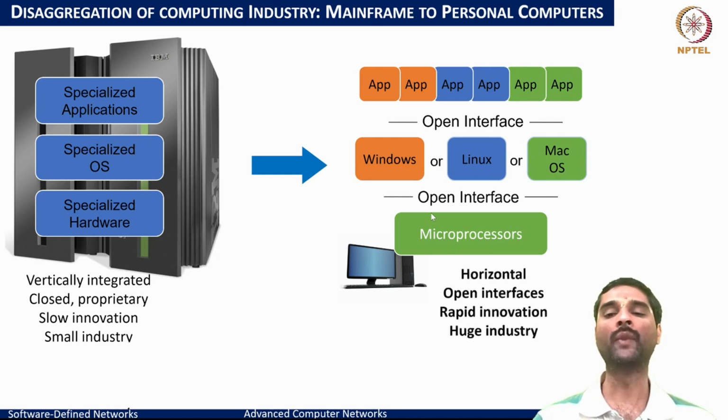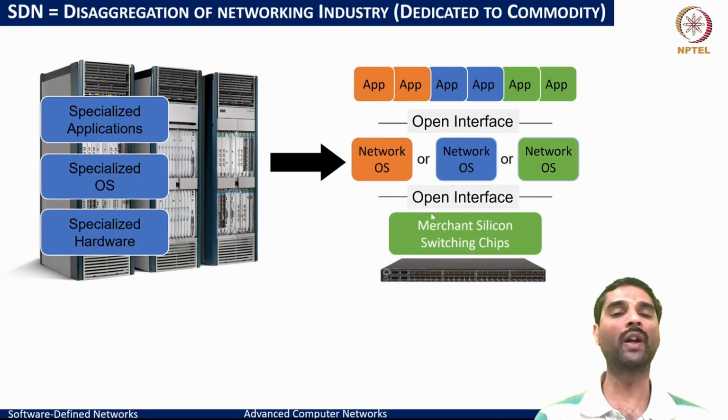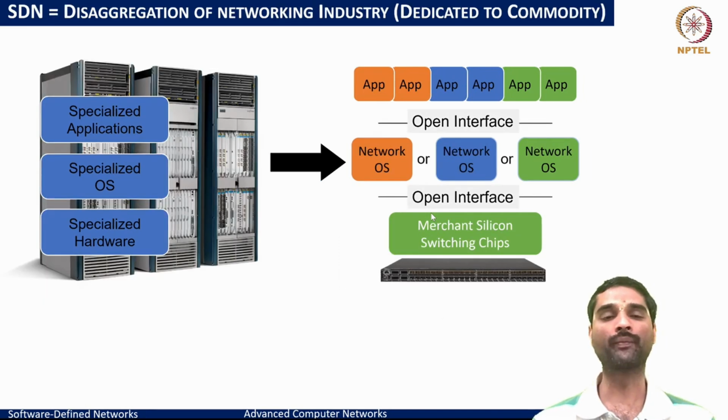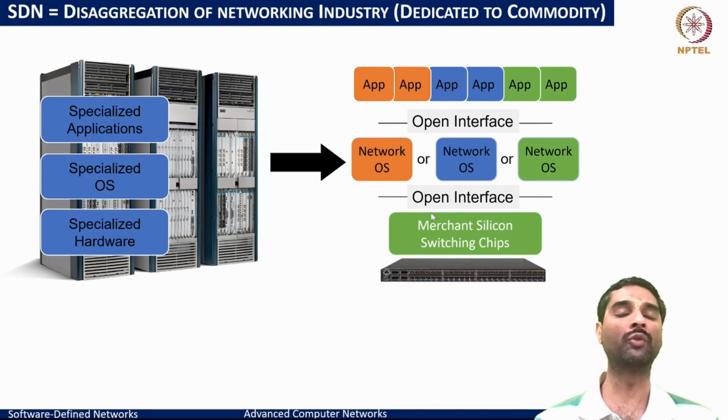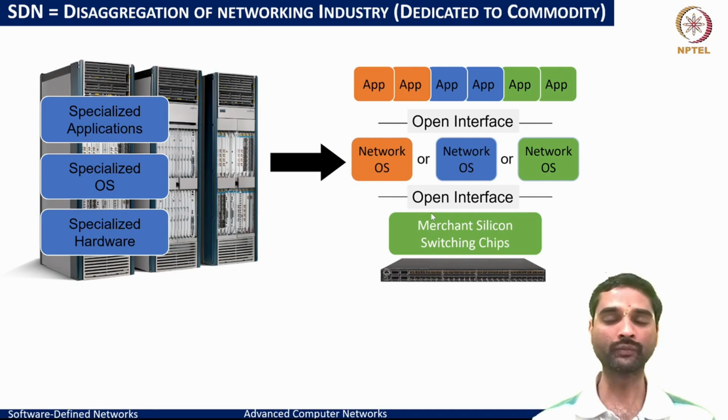Now with SDN, what we are trying to achieve is these open interfaces, which enable rapid innovations as well. So to bring the analogy here, what we had were dedicated switches and routers, which were specialized hardware built by specific OEMs or vendors, and they had their own operating systems, and they would also have tailored applications running on those dedicated hardware. Now with SDN, we have moved from these dedicated hardware to merchant silicon switching chips or commodity hardware.